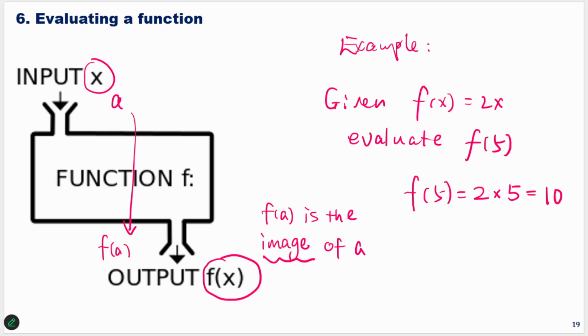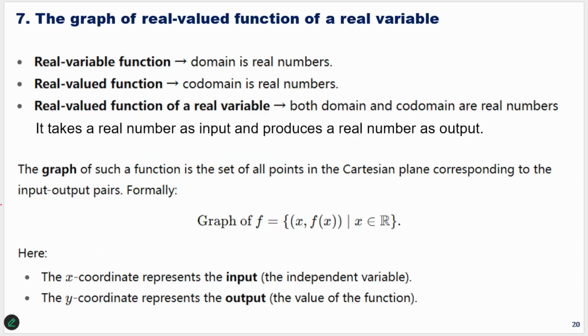Yeah, done. Okay, then next let's talk about the concept of the graph of a function. In this course, we only talk about the graph of a real valued function of a real variable. By a real variable function, I mean the domain is real numbers.